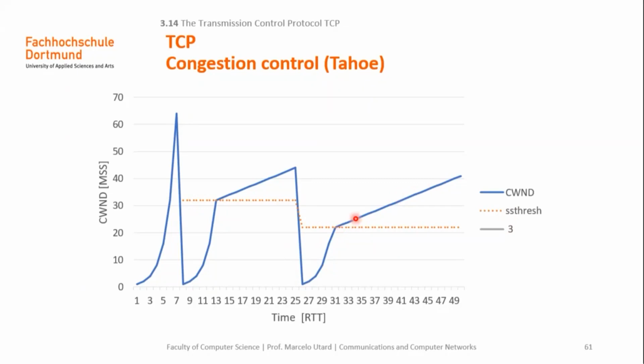This is typically the first proposal where we use slow start and congestion avoidance in order to implement the congestion control.